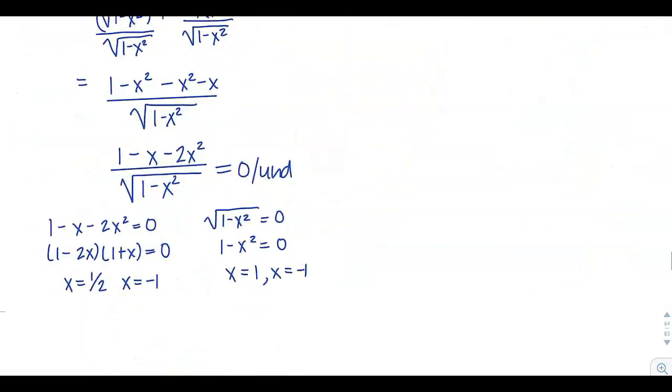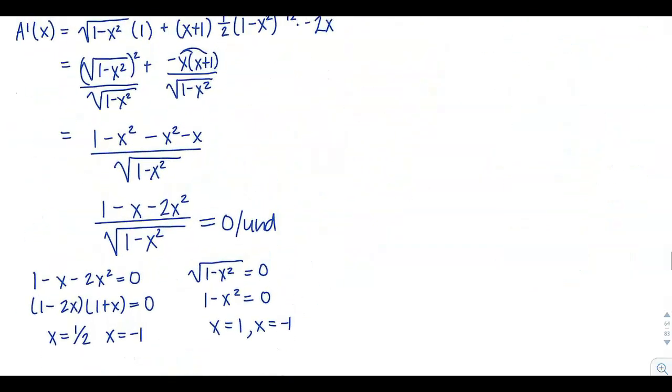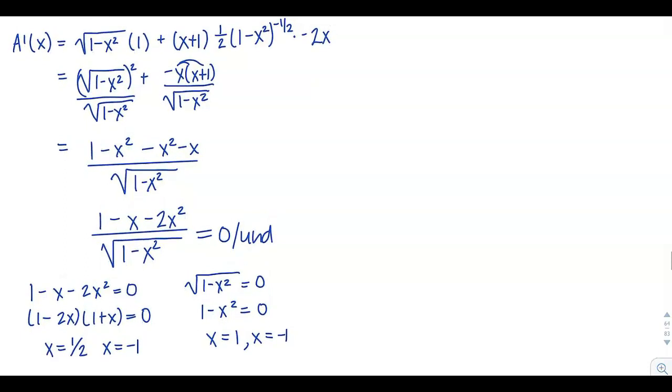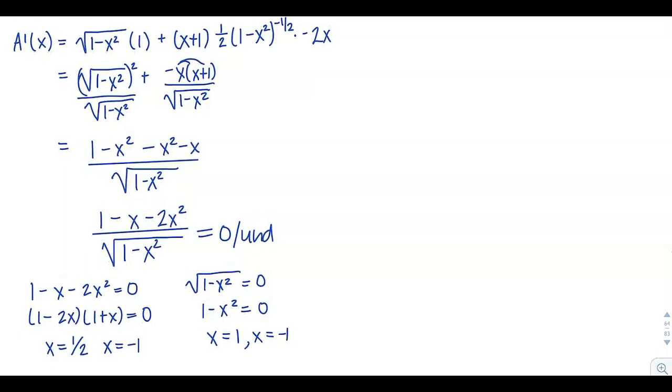So now, let's go ahead and go back. The only critical value that I have is positive 1/2. So all of these are not critical values. We just have positive 1/2. And now we'll go ahead and justify that 1/2 is going to be a maximum value on this particular function.